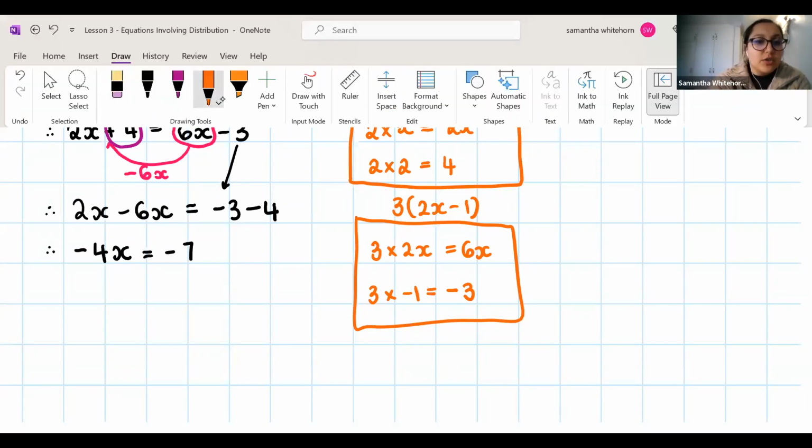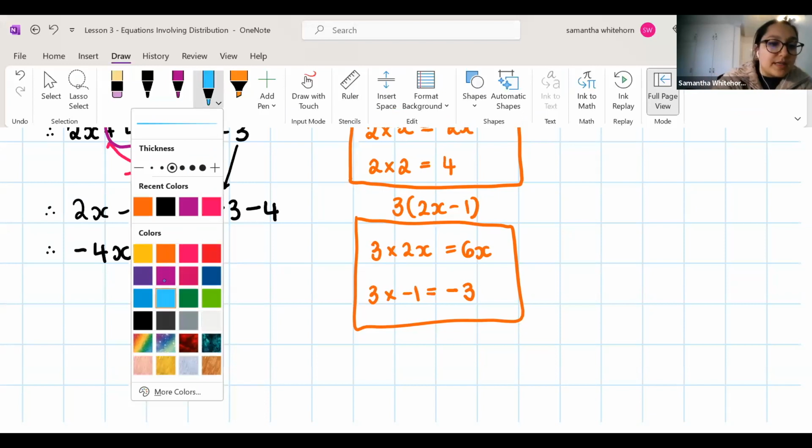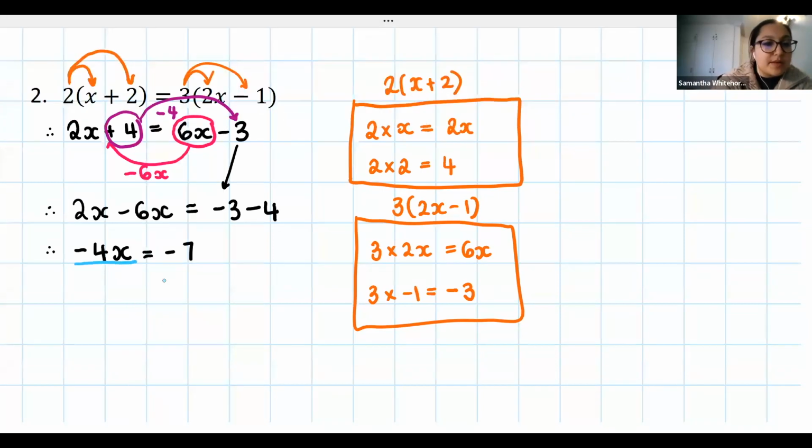So what I need to deal with is this negative 4. Now remember, this is saying negative 4 times x. So I need to use my inverse operations, which means I need to divide by negative 4. Negative 4 divided by negative 4 just cancels. It gives us 1. But if I'm going to do that on the left-hand side, I also have to do it on the right-hand side.